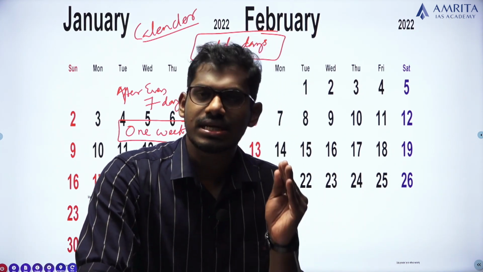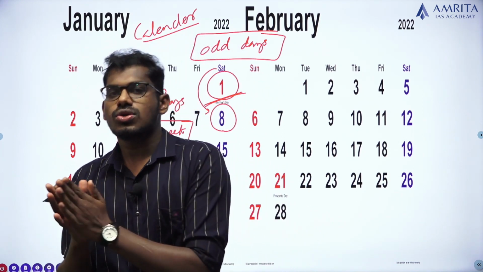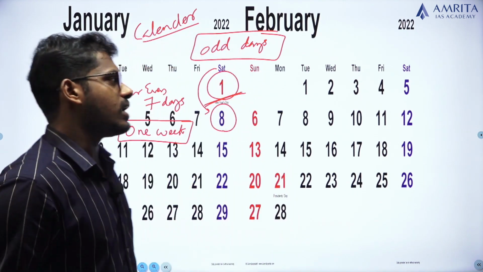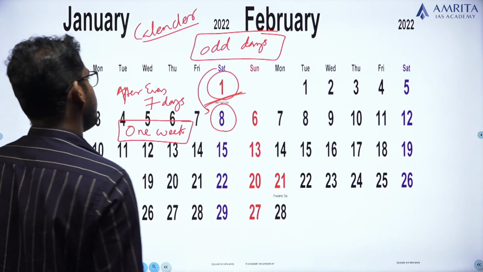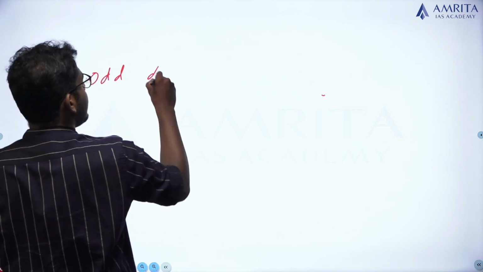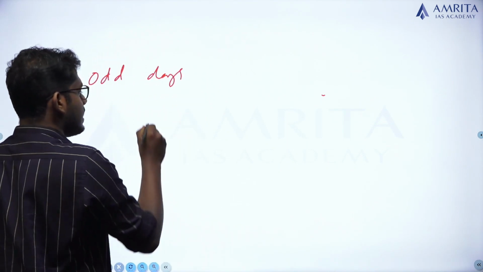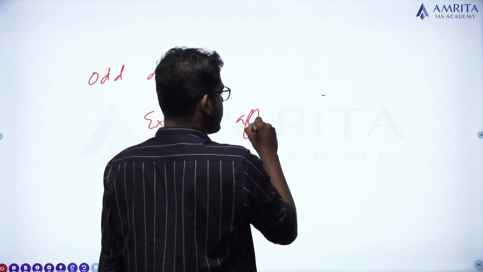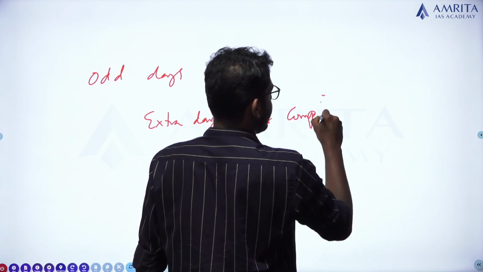This is a basic idea in order to learn the concept of odd days. So what do you mean by odd days? The idea of an odd day is the extra day after completion of 1 week.